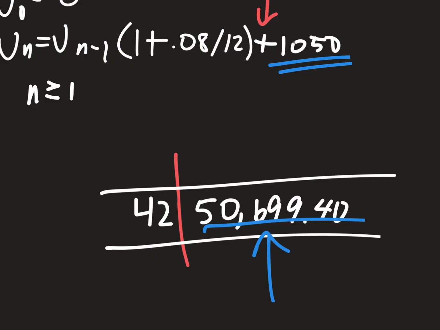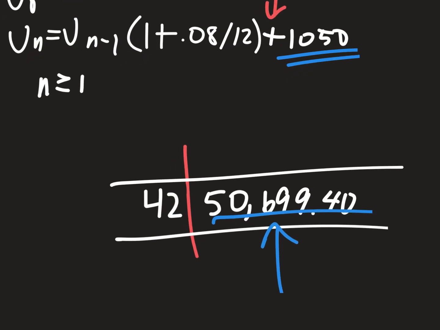You should have done that payment times 42. So the amount you contributed was, well, let's see what Siri can do. What is 1050 times 42? $44,100.